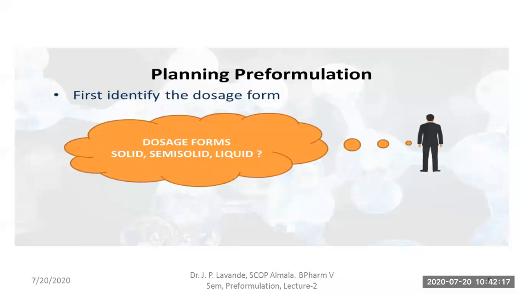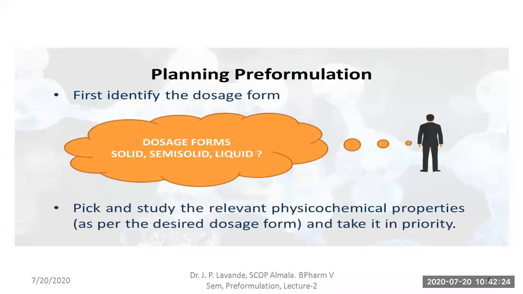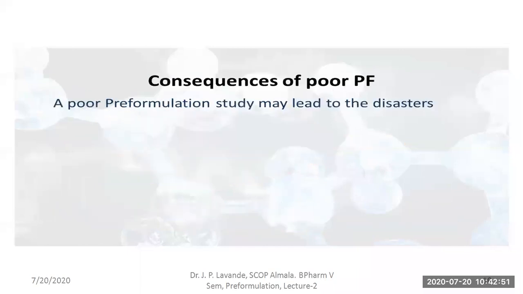Liquids, like elixirs, suspensions, emulsions, etc. So based on the dosage form which we have to formulate, we have to pick up the relevant physicochemical properties associated with that particular kind of dosage form that need to be studied, and they should be taken on a high priority basis.